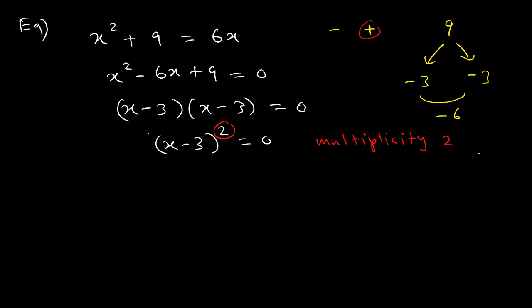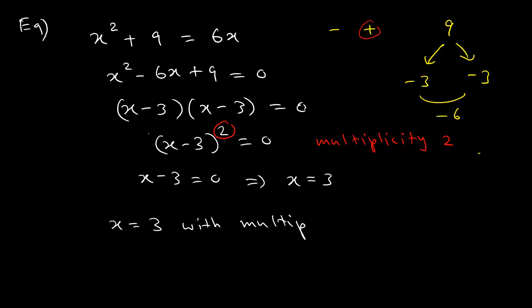Okay, now what we can do, we're going to set one of the factors equal to 0. So this says that x is simply equal to 3. So we can say that the solution is x equal 3 with multiplicity 2.